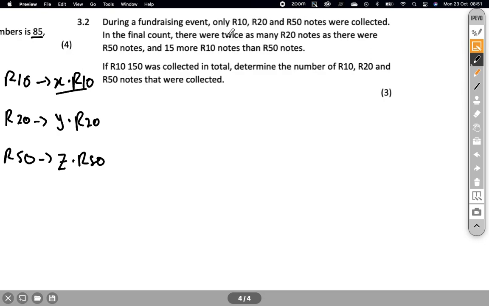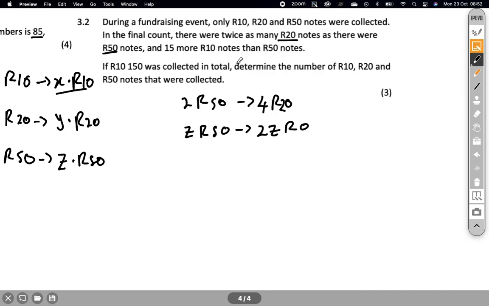They said there were twice as many 20 Rands as there were 50 Rand notes. So if you collected 2 50 Rand notes, you collected 4 20 Rand notes, right? So if you collected z 50 Rand notes, you collected 2z 20 Rand notes, right?